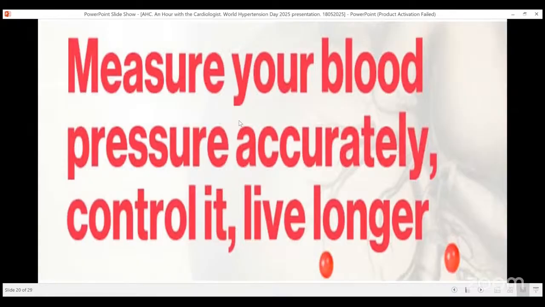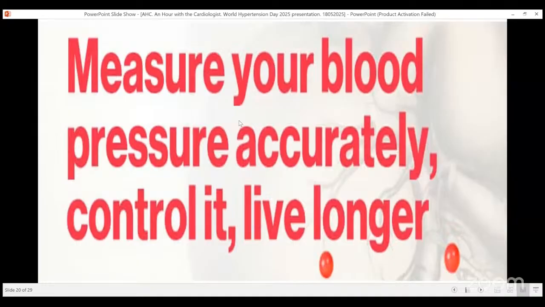Measure your blood pressure accurately, control it, live longer. We've tried as much as possible to look at how to measure your blood pressure accurately. We've looked at how to control the blood pressure. Now we want to look at how it will impact on longevity. How will it impact on your life? Not just live longer, but live healthier lives.